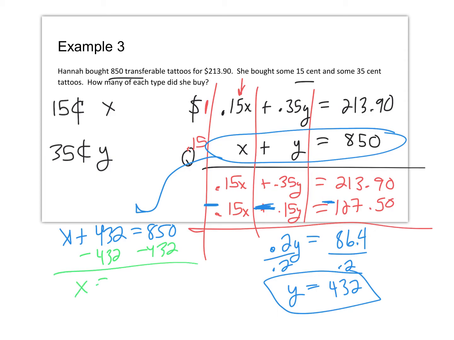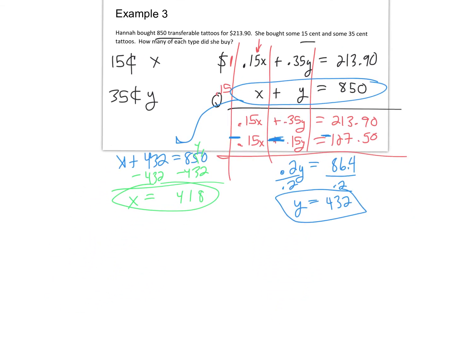So x is going to equal 418. So I'm going to move this a little bit so I can write my final answer. In ordered pair format, we have 418 of the 15 cent. We have 432 of the 35 cent. All right, so there's that one. Go to the next one.